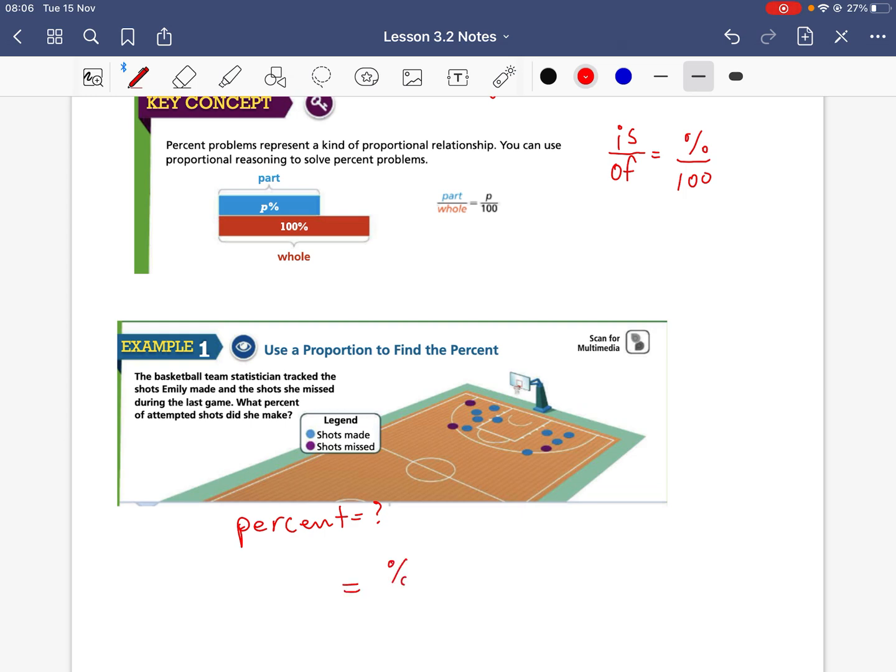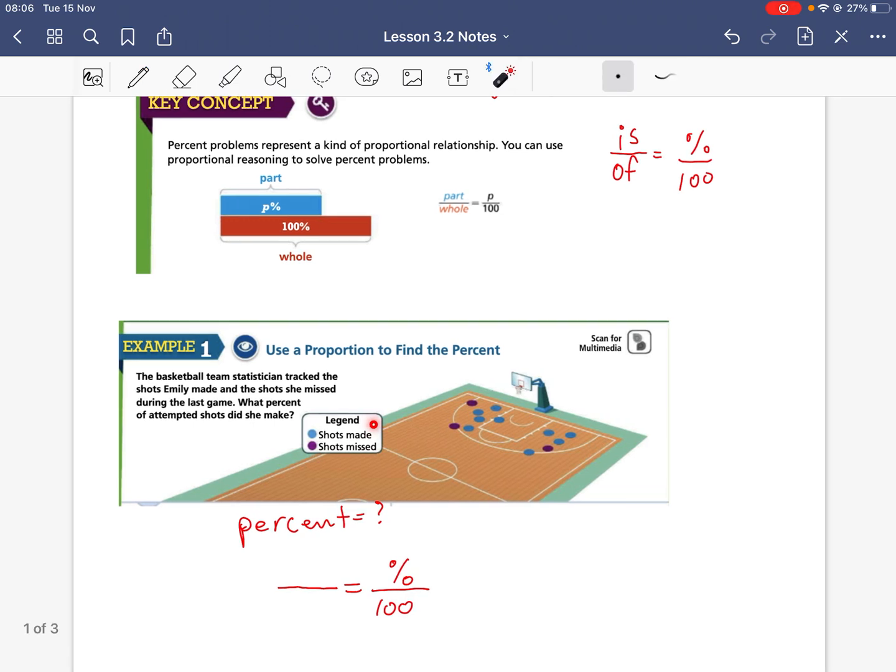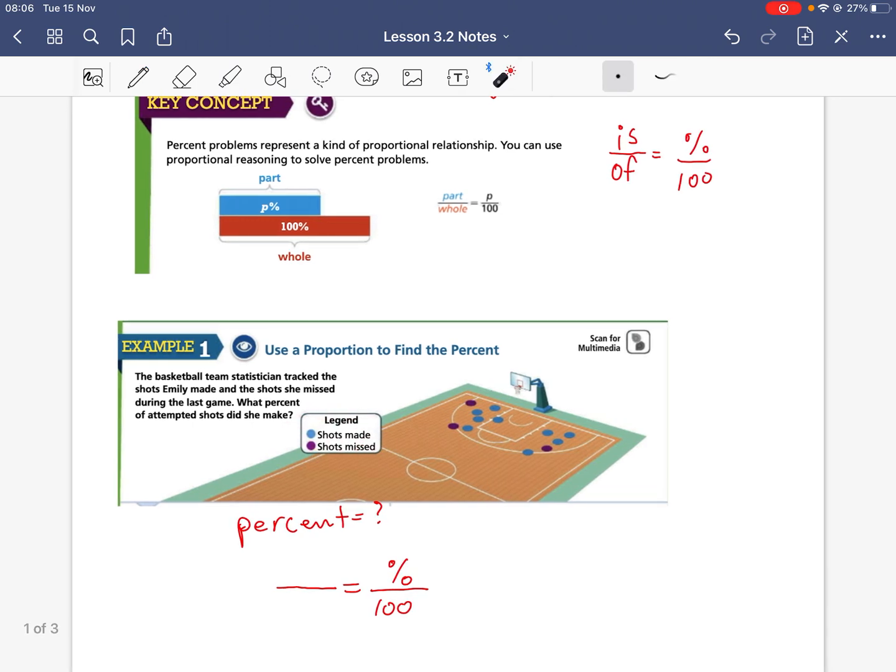So the percent out of 100 equals, and we need to figure out what the part and the whole are. So if we look at how many shots did she make? She made a total of 1, 2, 3, 4, 5, 6, 7, 8, 9. These light blue dots here tell us that she made 9 shots.